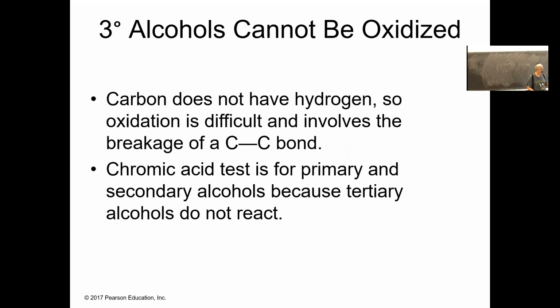And we can apply this chromic acid test. If it's a tertiary alcohol, it won't change the chromic acid from orange to blue-green. Primary and secondary alcohols will result in a color change.